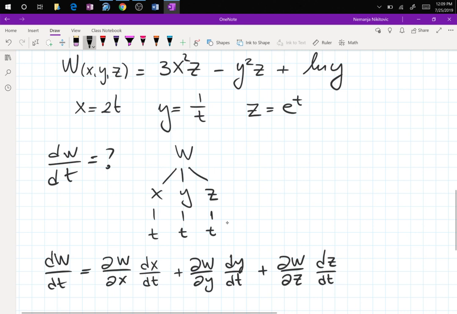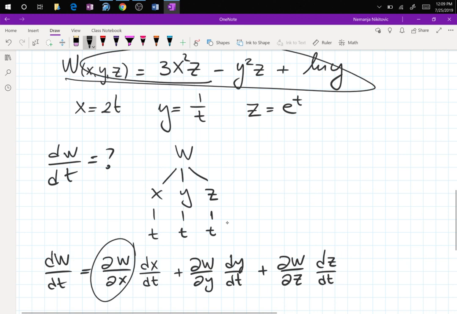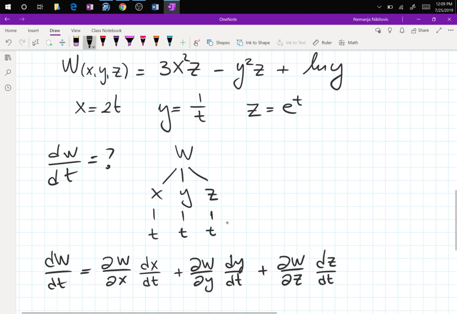Now, once you have the formula, you go and you calculate all of these things. You see partial w partial x. You get that from this equation, right? And then you see derivative of x dt, and it's just going to be 2, looking at this equation here. So what is the dw?